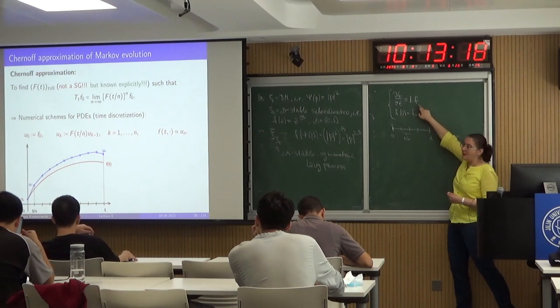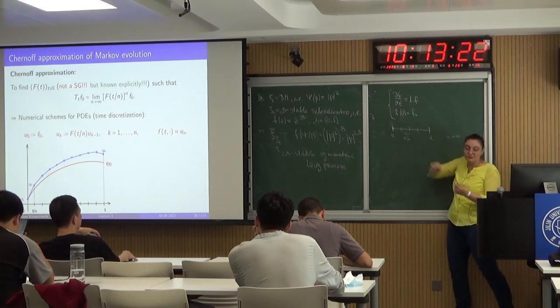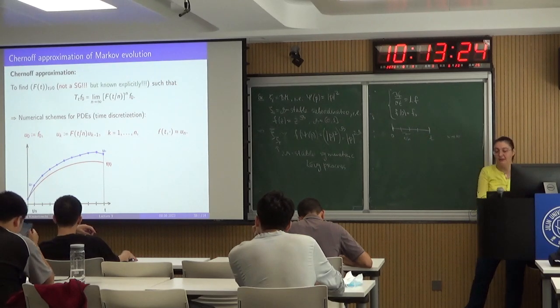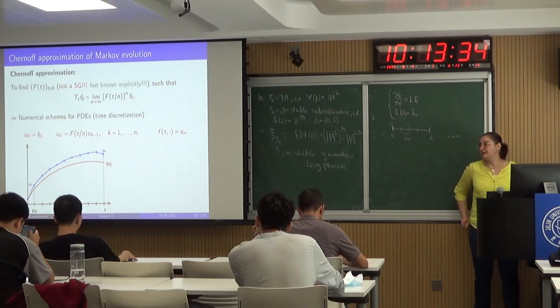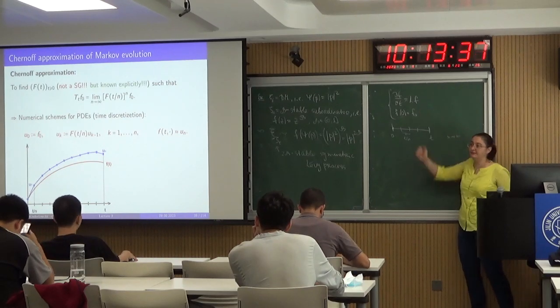But this is a Banach space valued ODE. And that's why there are many different families which are suitable for this Euler scheme. Okay? So Chernoff approximation is the Euler scheme for a Banach valued ODE.